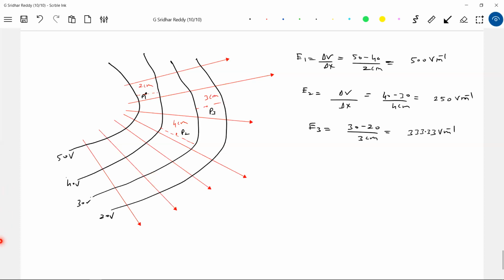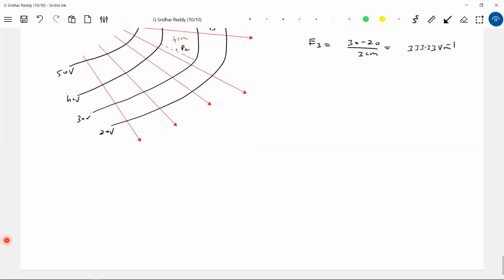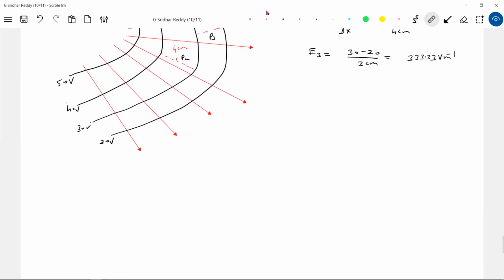Now, instead of this, if the equipotential surfaces are as follows, I have a space here, I'll draw it here.